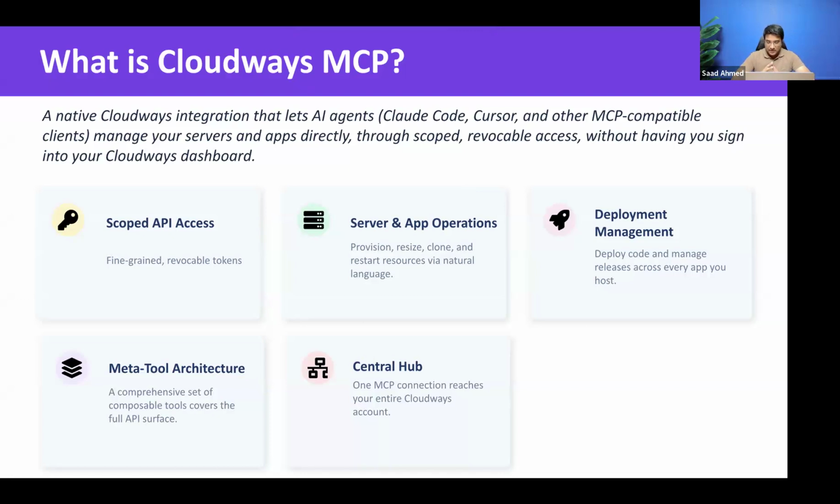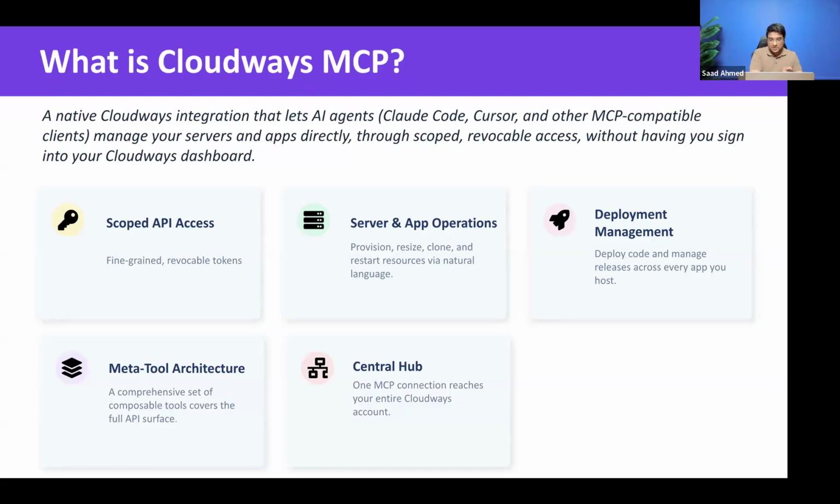We have designed our Cloudways MCP server based on the MetaTool architecture. What that means is it efficiently consumes your AI agent tokens, because the LLM used by the AI agent consumes tokens based on the plans you have.